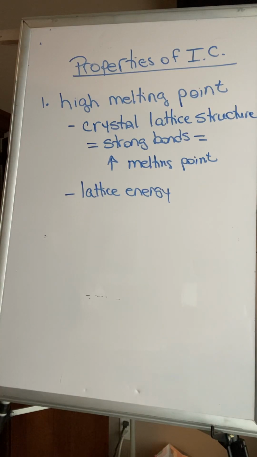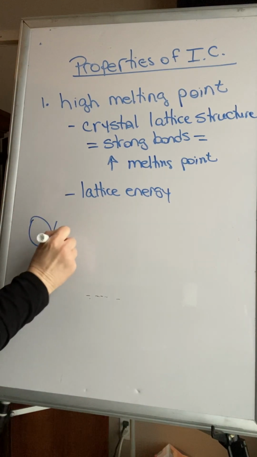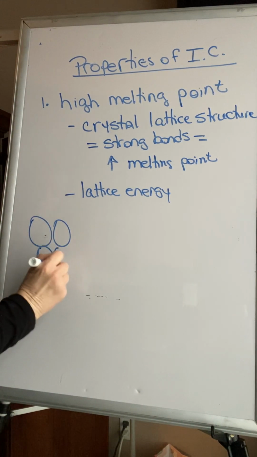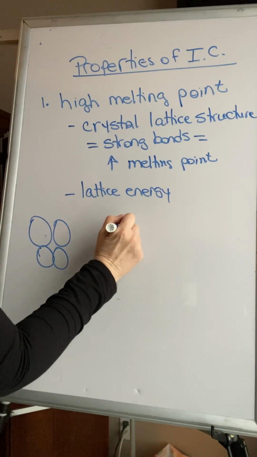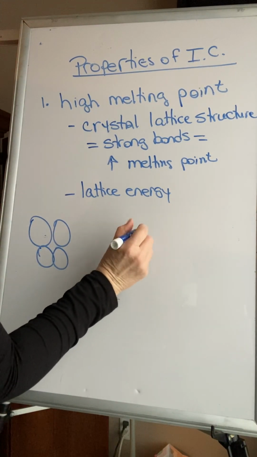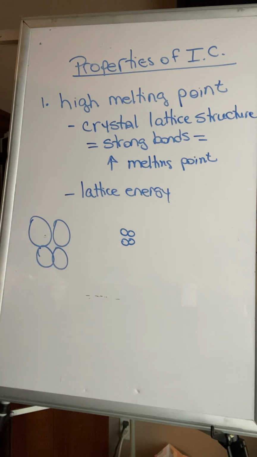Okay, now keep in mind that these atoms on the periodic table are not all the same size. So some are larger than others. Okay, so if you have large atoms versus smaller ones, and you don't have to draw this, you just have to be paying attention here, okay?